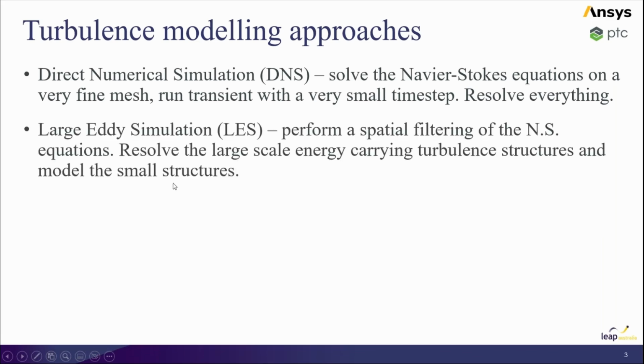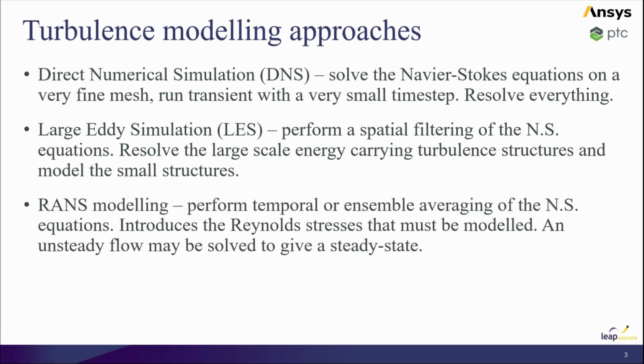So large eddy simulation is the next step down, where we say, okay, let's do a spatial filtering of the Navier-Stokes equations, and let's resolve all the large scale eddies that carry all the energy, and then let's model the small structures where viscosity essentially is destroying the turbulence, turning the kinetic energy to heat. And because that's happening at a small scale, we're really not so bothered about the detail of that. We can afford to skip over the detail there and still get a good model.